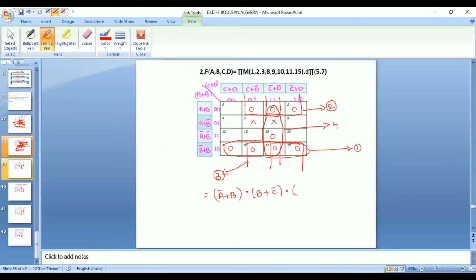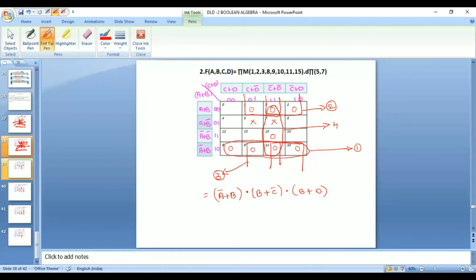Next, coming to this 2, 3, and 9, 11. Horizontally the common term is B, but vertically the common term is D. Right? Then 1, 2, 3, three completed.